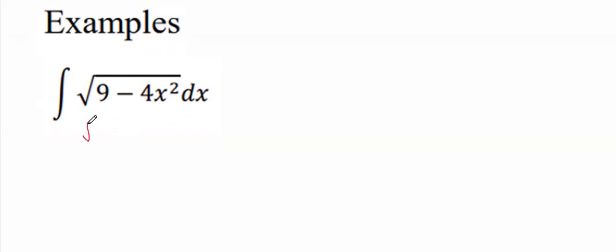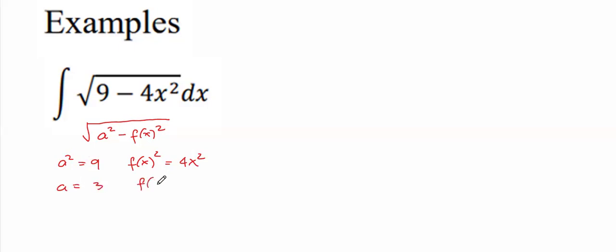This is square root of a squared minus f of x squared. Ang a squared natin ay 9. Ang f of x squared natin ay 4x squared. So, ang a natin ay 3. Ang f of x natin ay square root nito, so that would be 2x.